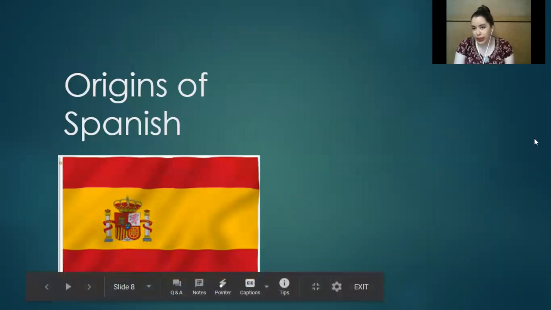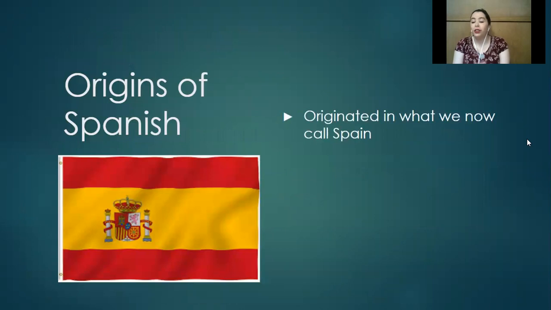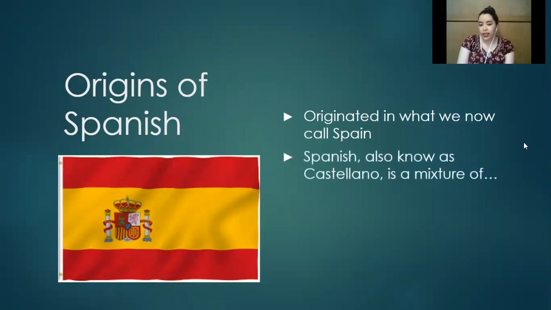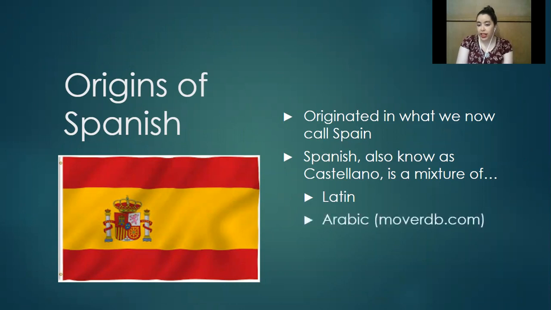So origins of Spanish. Where did Spanish come from? Well, of course, it originated in what we now call Spain. It's also known as Castellano, and it is a mixture of Latin, so it's in the same family as French and Italian, and Arabic.